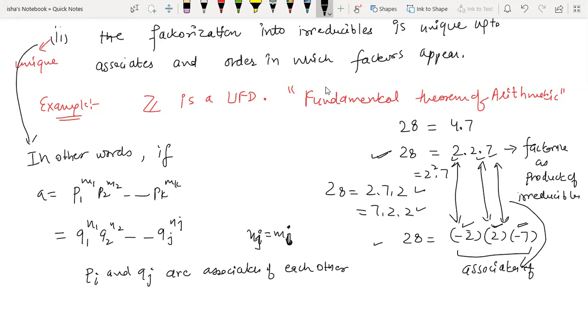So these are going to be same, right? p1, p2, pk, q1, q2, qj, the irreducible elements, they are going to be associates of each other and their powers are going to be same. So 28 cannot have a factorization 2 square into 7 and also have another factorization where 2 raised to power cube is there, right? So that is really not possible. So the powers also essentially turn out to be same. So that is what the meaning of this UFD is.